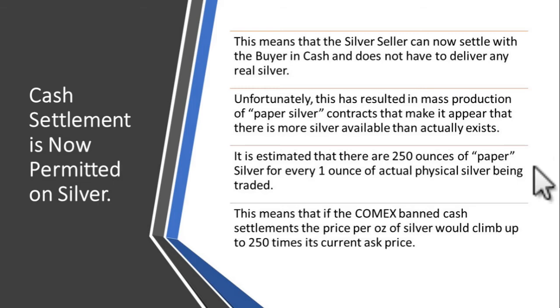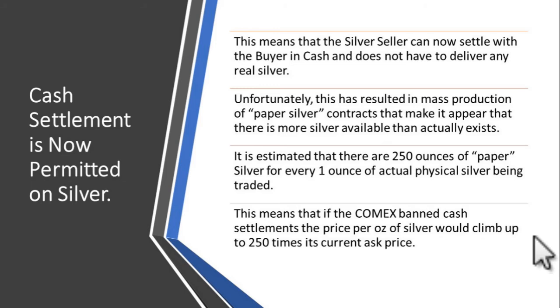It's estimated that there are 250 ounces of paper silver for every 1 ounce of actual physical silver being traded. What this means is that if the COMEX were to ban these cash settlements, the price per ounce of silver would climb up to 250 times its current ask price.